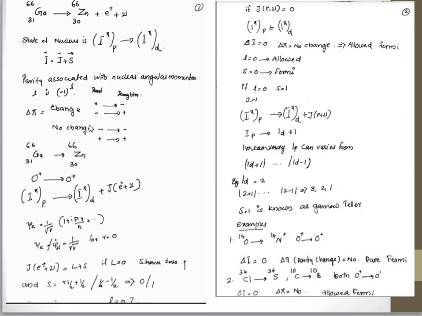If the parent nucleus has positive parity, the daughter nucleus also has positive parity. That means there is no change in parity. Change in parity means the parent nucleus has a plus pi value and the daughter has a minus pi value.